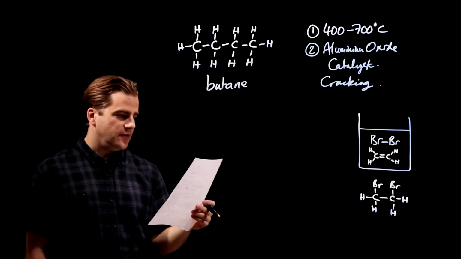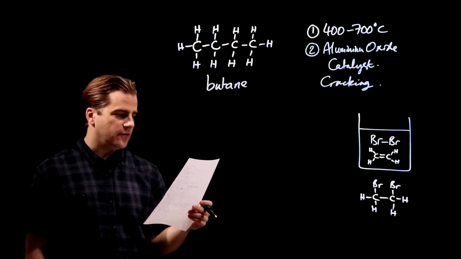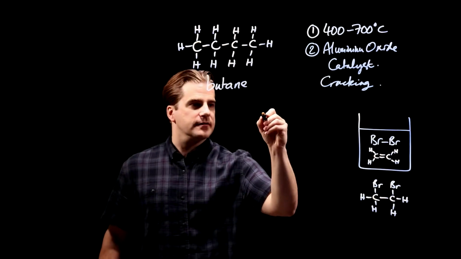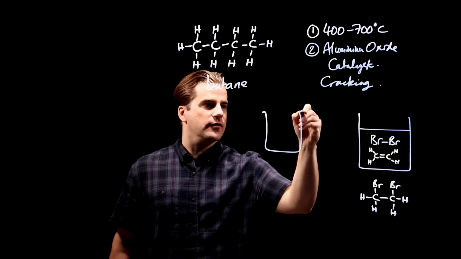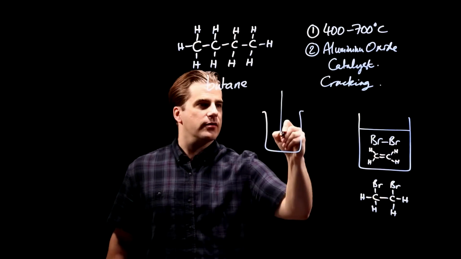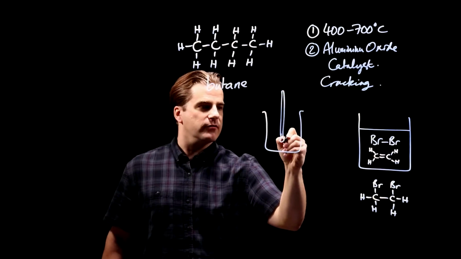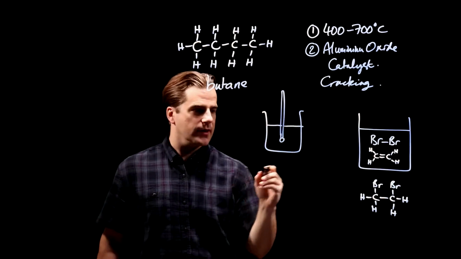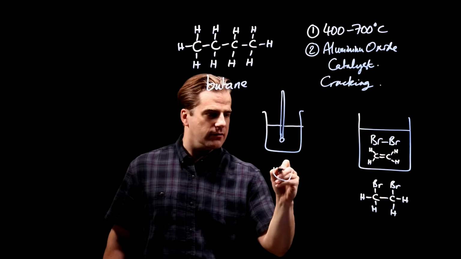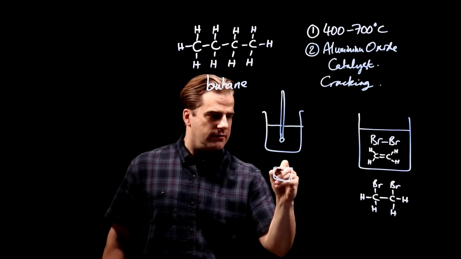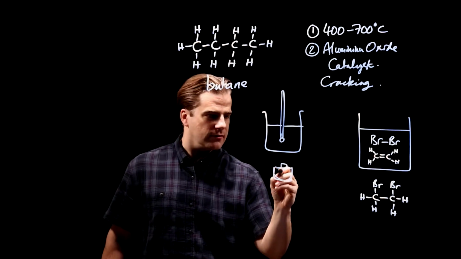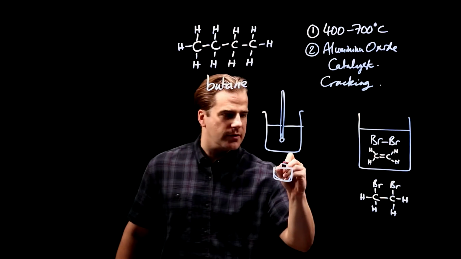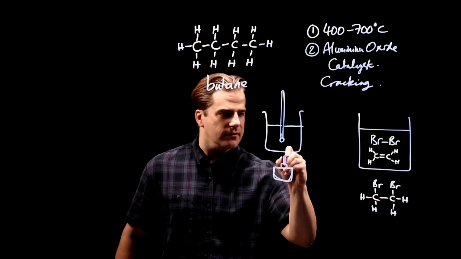Right, calculate the energy released by 1 gram of decane in kilojoules. So we've got this apparatus of a beaker with a thermometer in it full of water, and there's the little spirit burner underneath in which we place the decane.